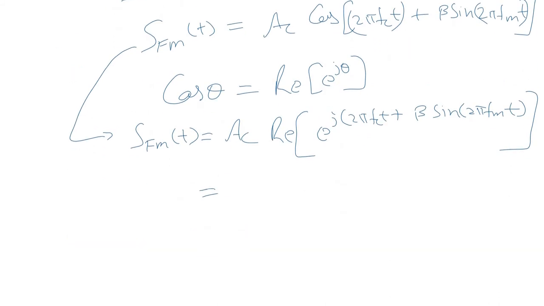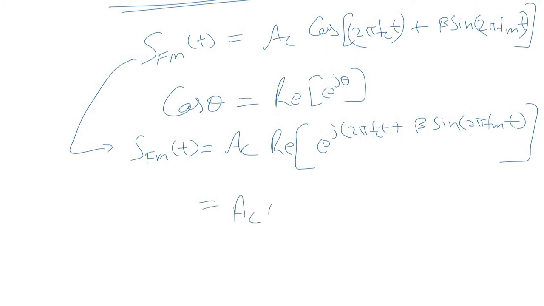Further we can simplify this expression as the real part of the multiplication of two complex exponentials: e^(j2π f_c t) into e^(jβ sin(2π f_m t)).